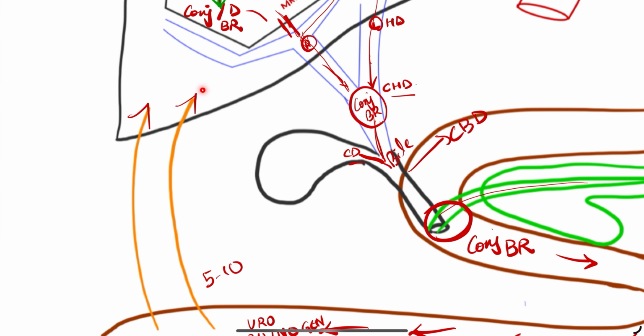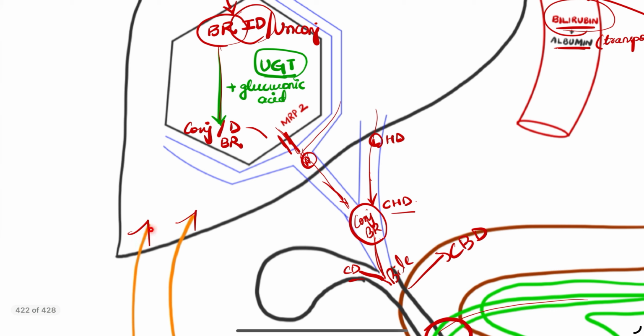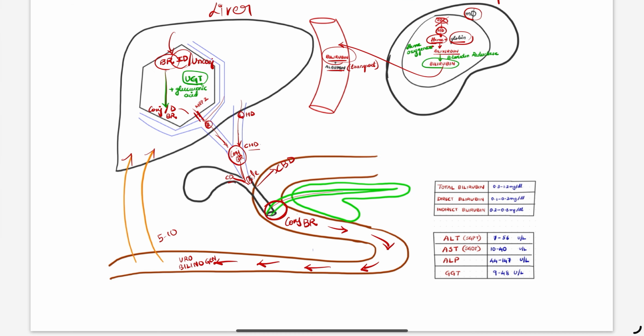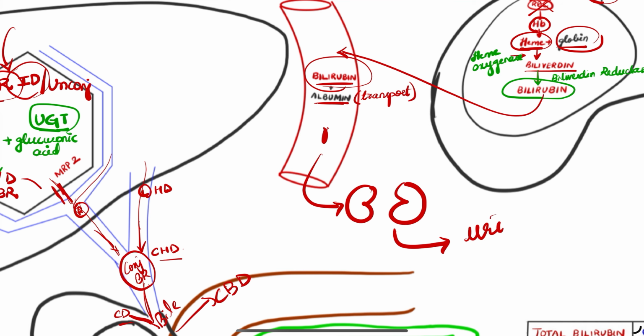In the enterohepatic circulation, it is reabsorbed back into the liver, where this urobilinogen may re-enter the biliary canaliculi and re-enter this loop, being secreted again into the intestine. It may re-enter this loop or it may get absorbed into the circulation. It may go into the circulation. Once it reaches the circulation, from here it reaches the kidneys, and via the kidneys it is excreted into the urine.